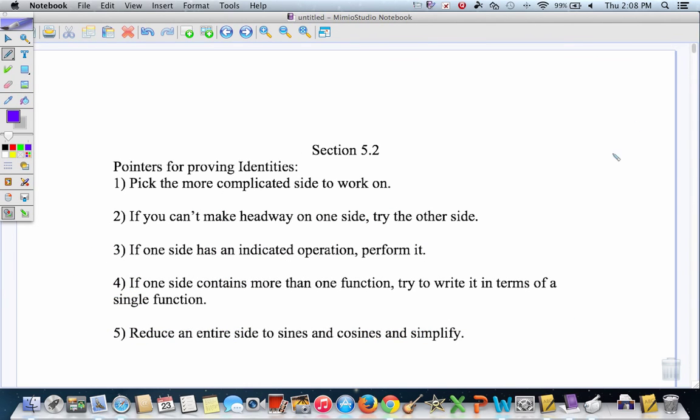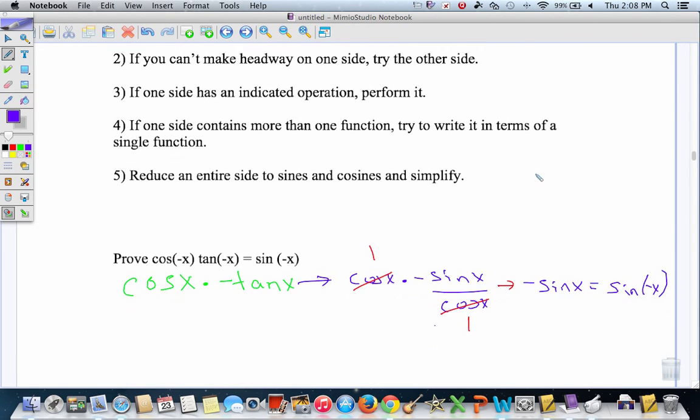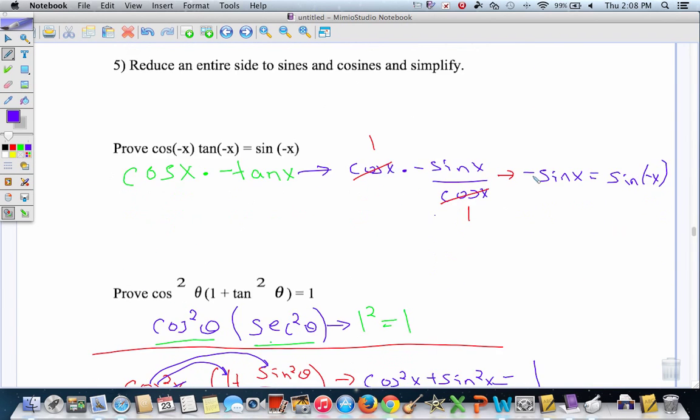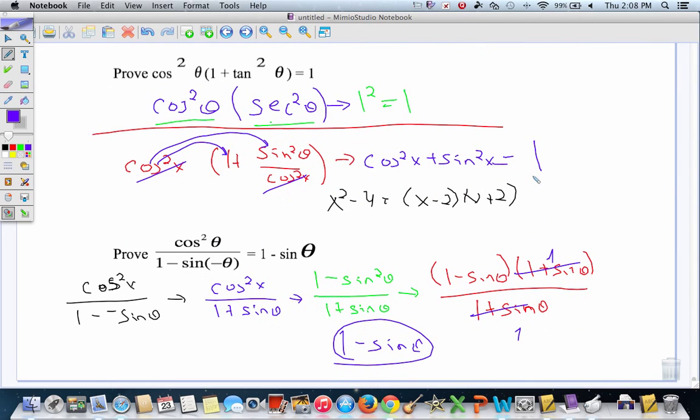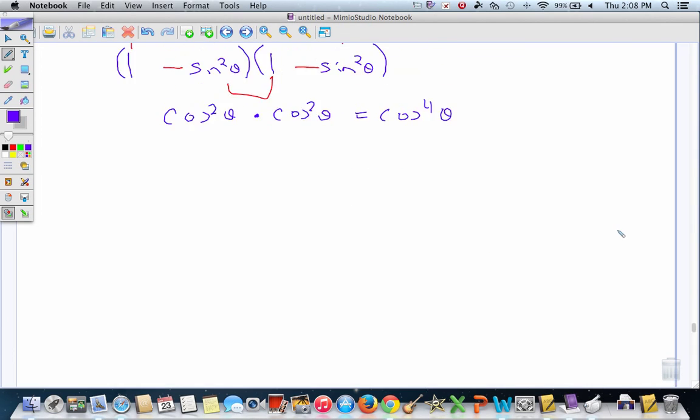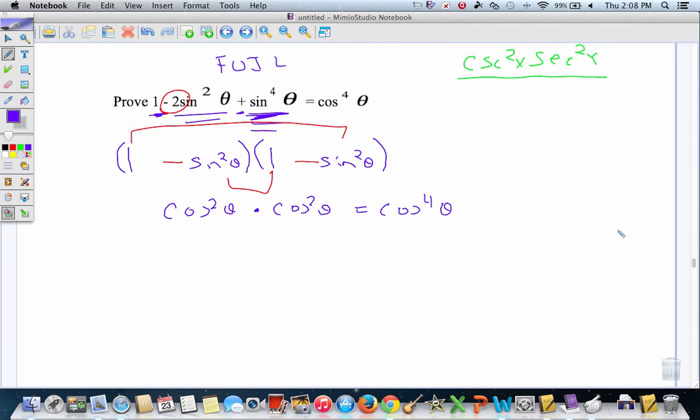On the previous page, we used our opposite angle identities, changed the sines and cosines. Here we went ahead and multiplied with a little bit of a change. Here we did some Pythagorean identities as well, along with factoring. So you've seen several different ways to start the same kind of problem. Each problem starts differently, which is what you're going to need to be able to do.